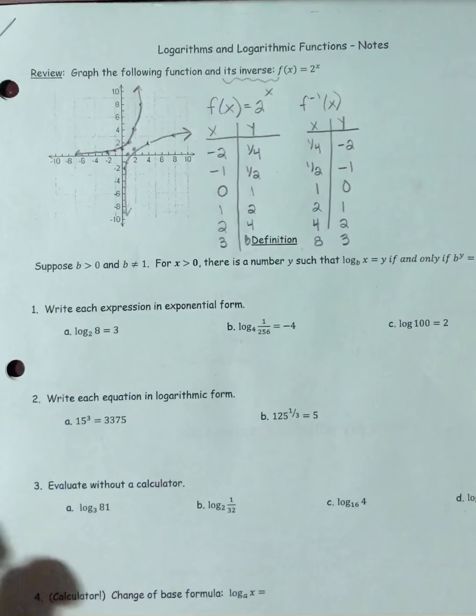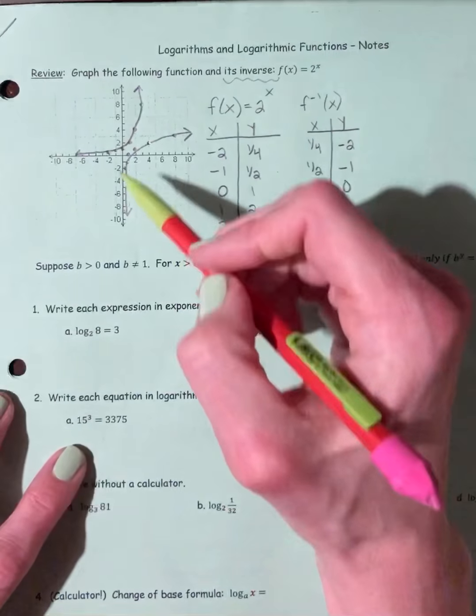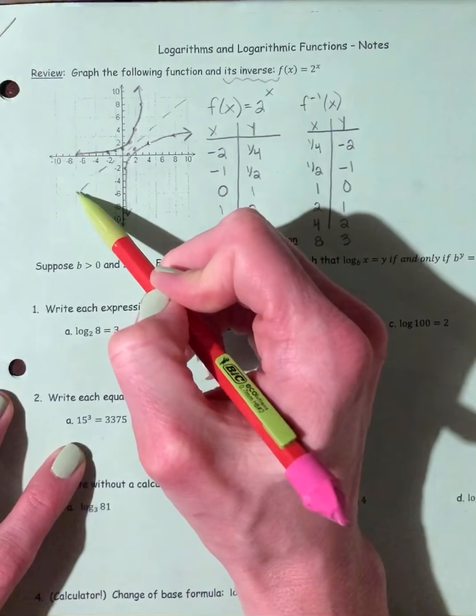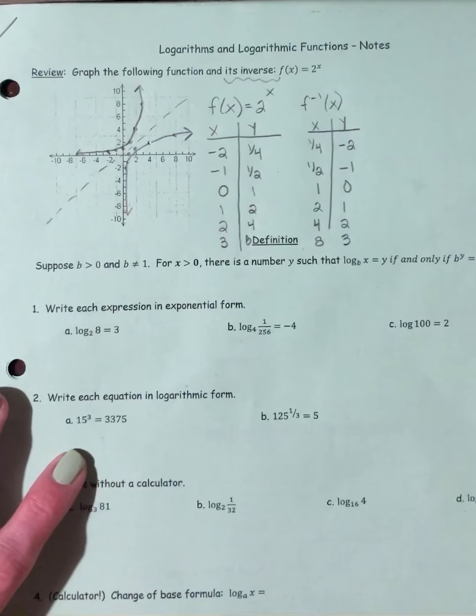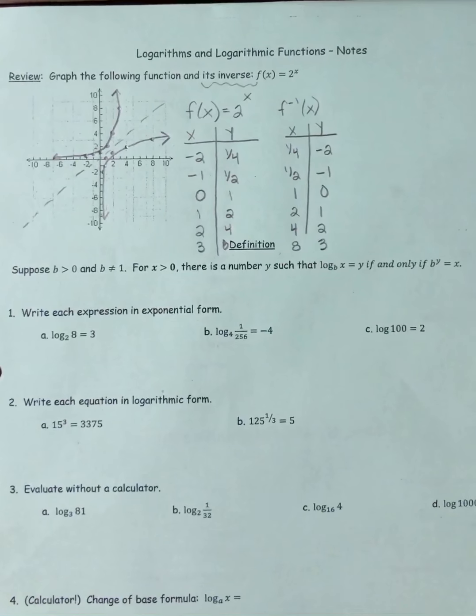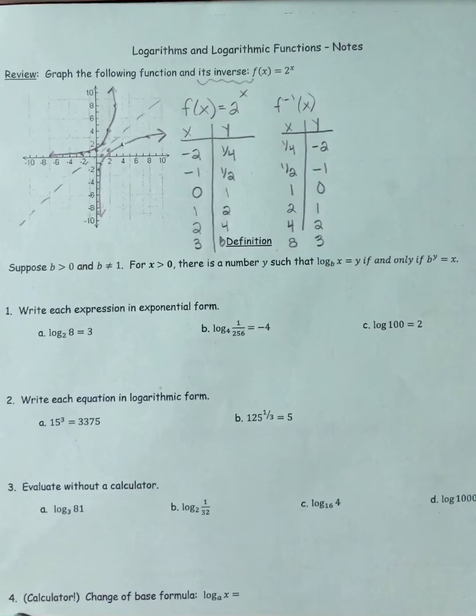Okay, so there's the graph of the inverse function. Now remember also that that is the reflection over the line y equals x. Okay, so that's how we graphically get the inverse of an exponential function.